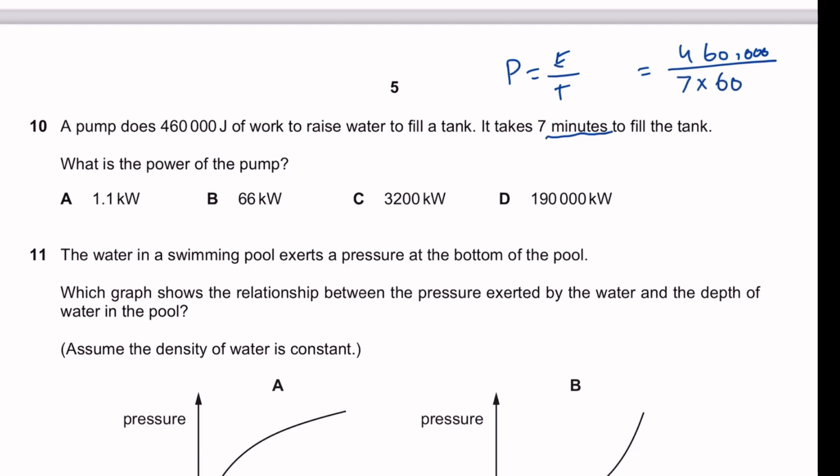When you calculate this, you'll get 1095.2. This is your answer in watts, but all the options are given in kilowatts. So you can just divide it by 1000, and then you'll get 1.09, which is 1.1, and your answer will be A.